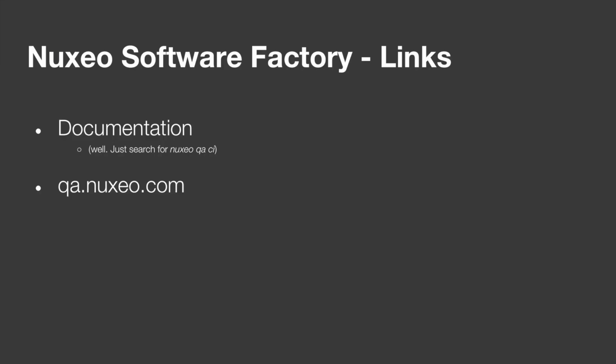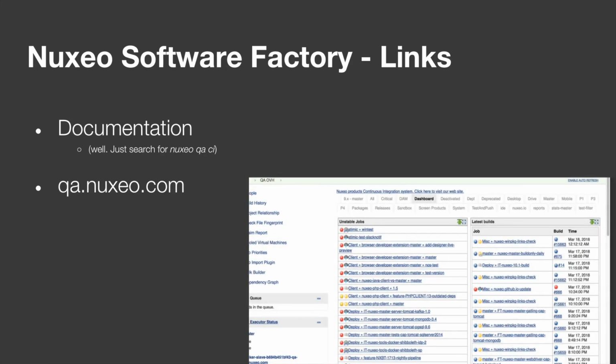You can also go to QA.nuxeo.com and see this wonderful, super modern UI of Jenkins buildings and see what is going on currently and what plugins are failing building and so on.